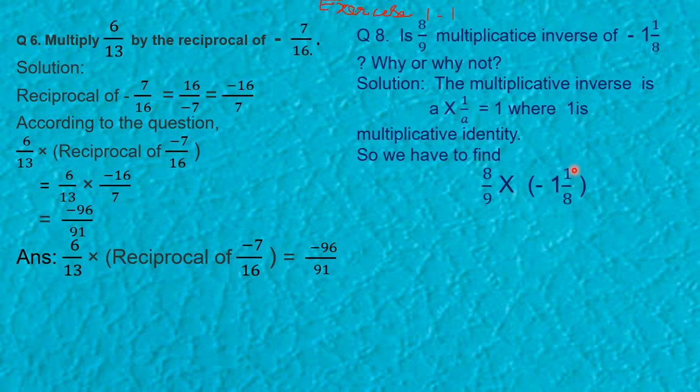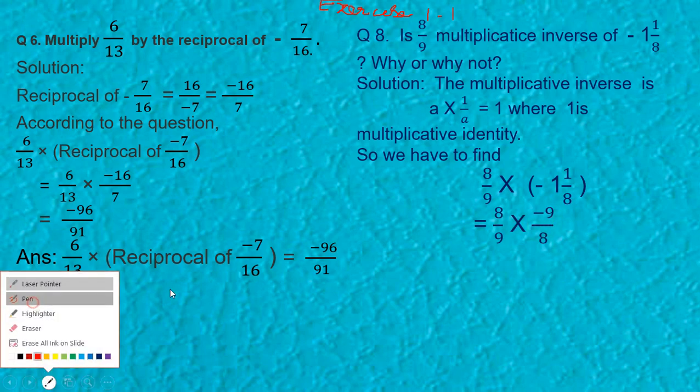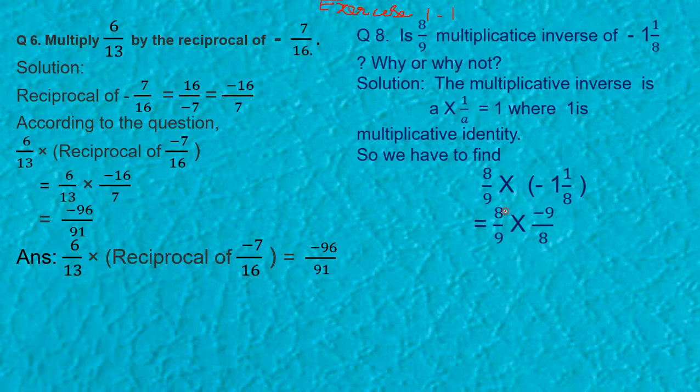Now here 1 by 8 is a mixed fraction, so it should be converted into a fraction as 8 multiplied by 1 is 8, plus 1, 9, so we write 8 by 9 into minus 9 by 8. Now as we multiply, this 8 divides 8 and this 9 divides 9 one time, so we get 8 upon 9 into minus 9 upon 8 is minus 1.